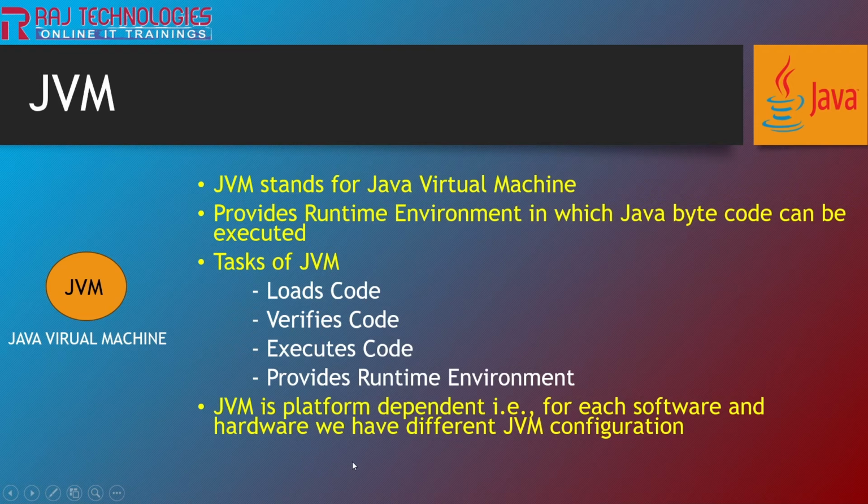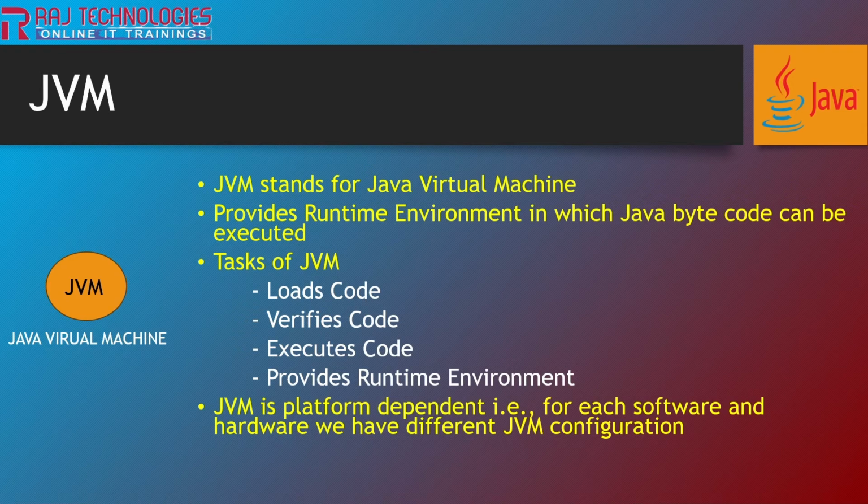And this JVM is platform dependent. The bytecode we are getting is platform independent. That means the bytecode can run on any JVM, but the JVM whatever we are installing is platform dependent. Whenever we are installing Java software, we need to choose the respective operating system.